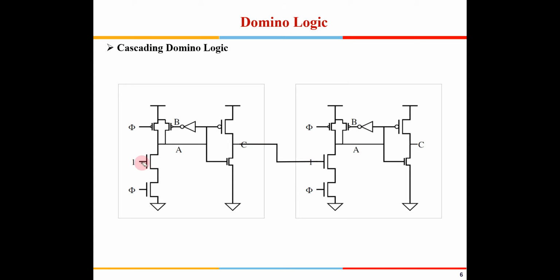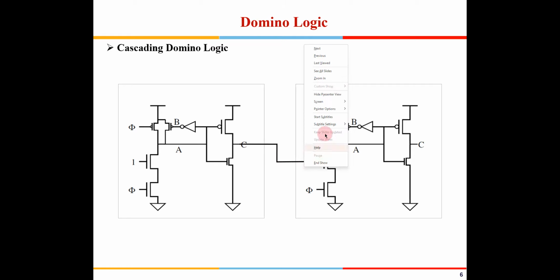Now suppose this is 1 out here, so it will take this time to become 0, and then slowly, by the time it goes to 0, this will slowly go up. So there will be a propagation delay. Now the propagation delay will be from 0 to 1 out here, but a 1 out here will not cause this node to get discharged. So you can easily cascade these two gates without having any issues.